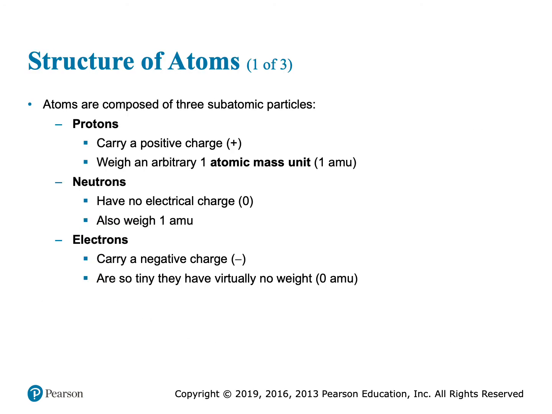So if I have a single atom of sodium, it has different parts, and maybe you remember this from high school also. There's a center part called a nucleus, and inside that nucleus you have subatomic particles called protons and neutrons. Protons have a positive charge.